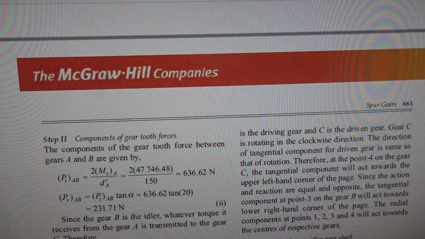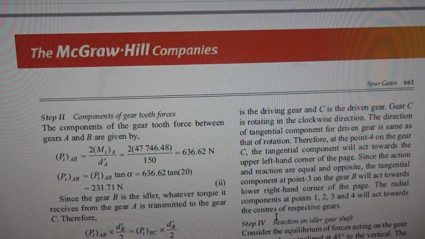Again, the components of the gear tooth forces between gear A and B are given by PTAB, that is the tangential force provided by gear A on B, which is 636.62 Newton.